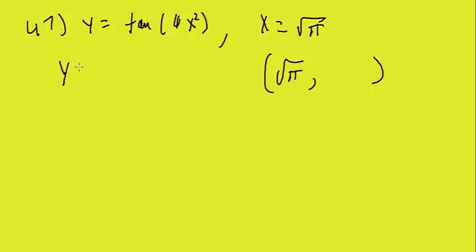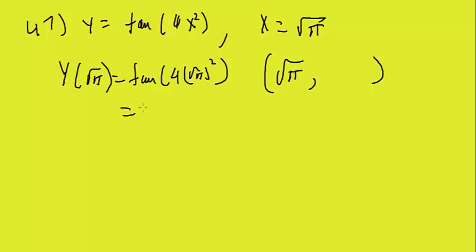So y of rad pi is tangent of 4 rad pi squared, which gives me tangent of 4 pi. What's tangent of 4 pi? 0. Look at that.